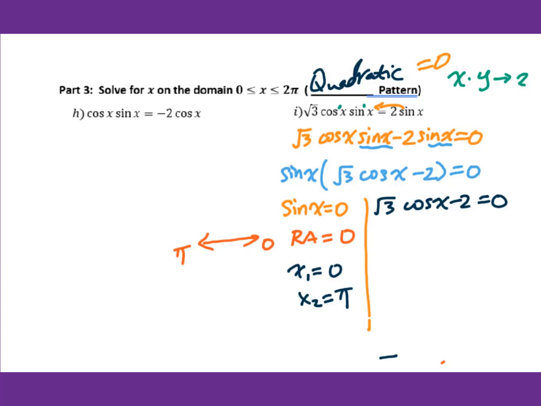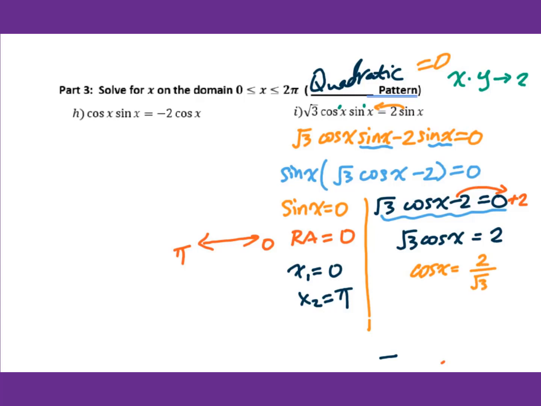For this equation, we know that's a linear pattern, so you need to isolate the cosine x. I add 2 to both sides. You will get square root of 3 cosine x equals 2. Then you will get cosine x equals 2 over square root of 3.